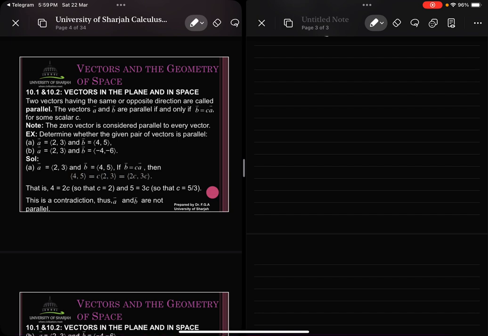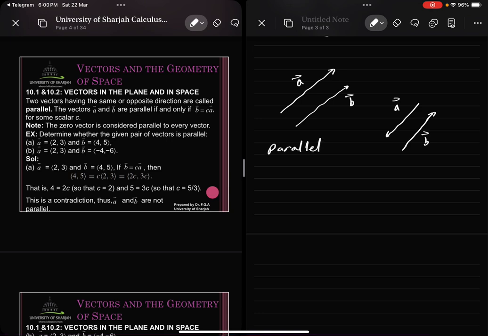So for example, if we have vector A here, and if you have vector B, so if they are having the same direction or opposite direction, for example, like this, here A and here B, they are called parallel.